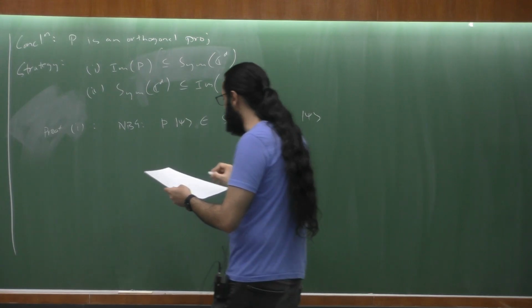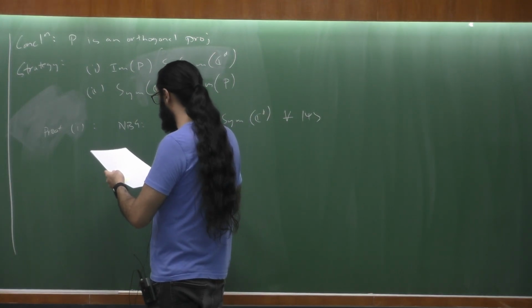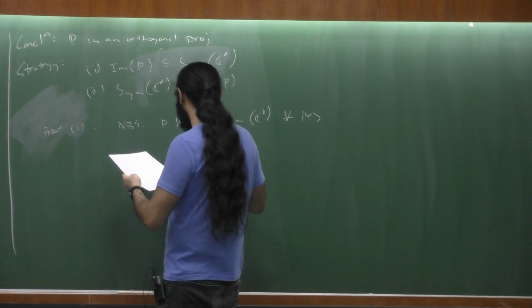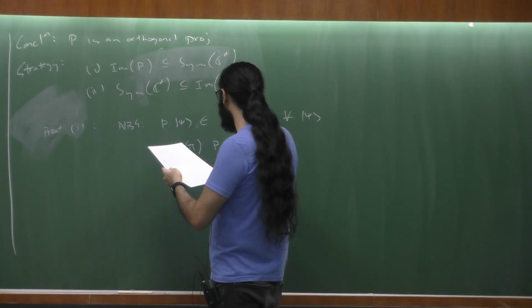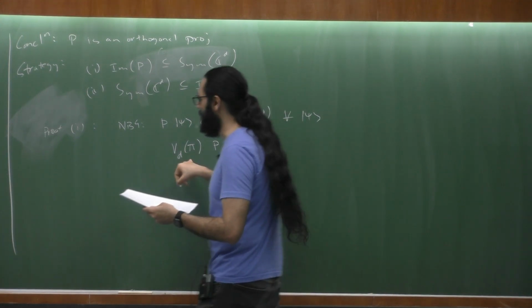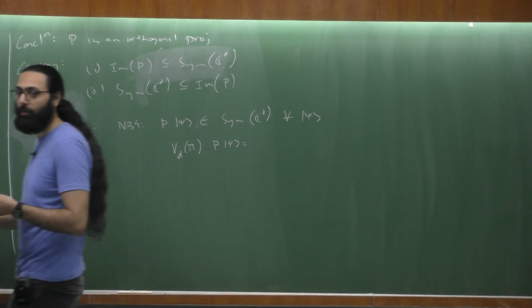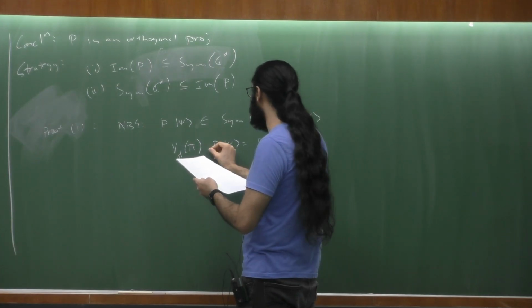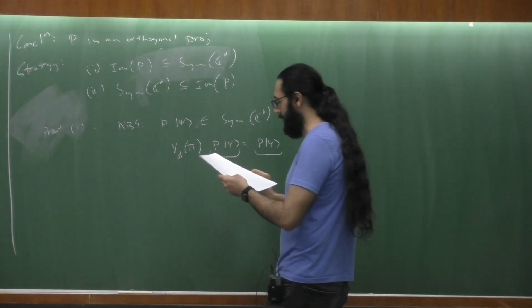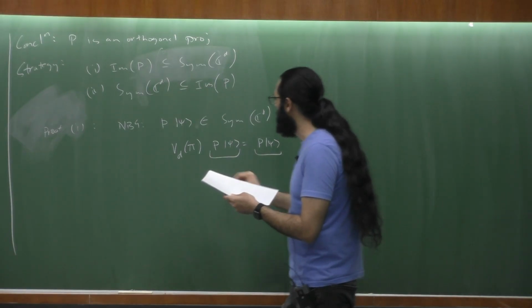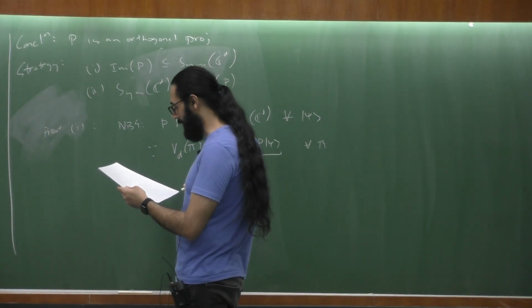This is basically because you take any permutation V_d(pi) and apply it on P psi. Because V_d acting on P is P, from the earlier property, you'll just get P psi. So this whole thing is therefore inside the symmetric subspace, because this is true for all pi.